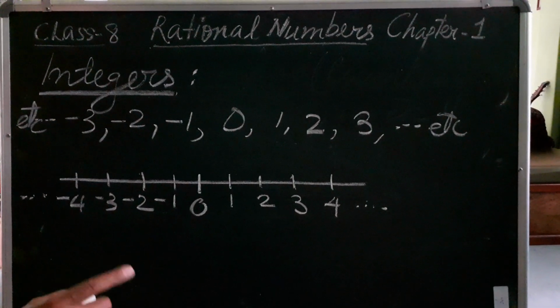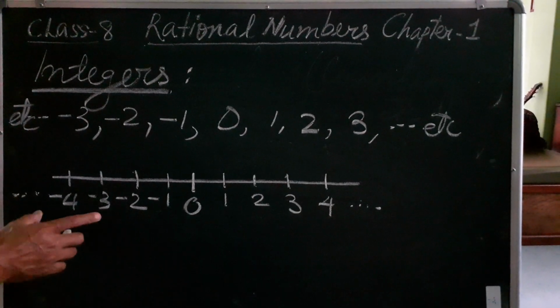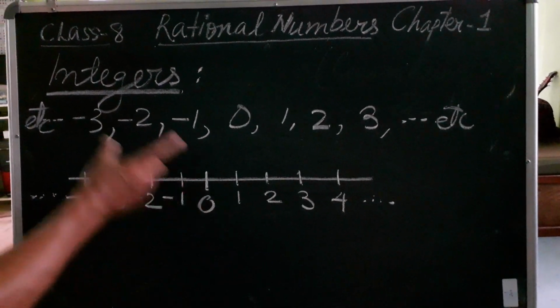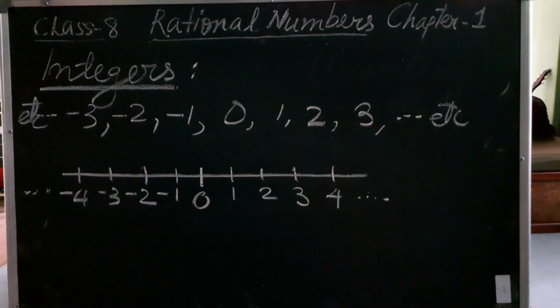A number that is represented on a line is called a number line. These are integers, so integers can be represented on a number line.